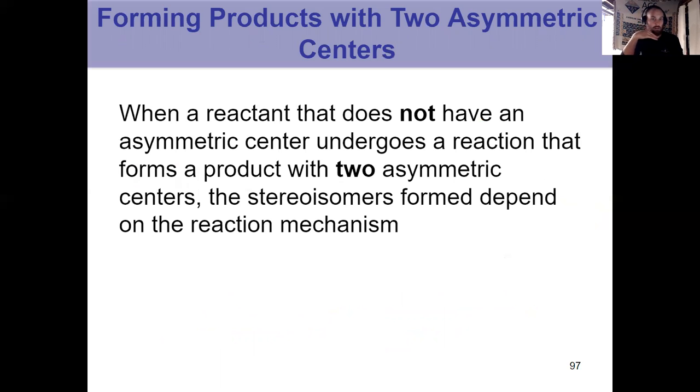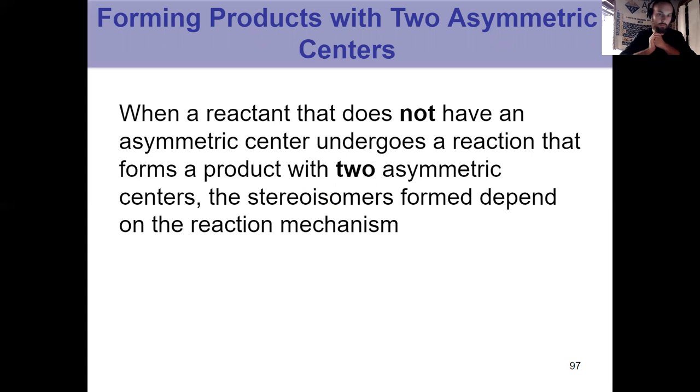Now the question becomes, if a reactant did not have an asymmetric center and I formed 2 asymmetric centers, what am I forming? And the stereoisomers depend on the mechanisms from these different reactions. So that's what we're going to talk about now, 0 to 2 for a while. If you go from 0 to 1, it's a racemic mixture.